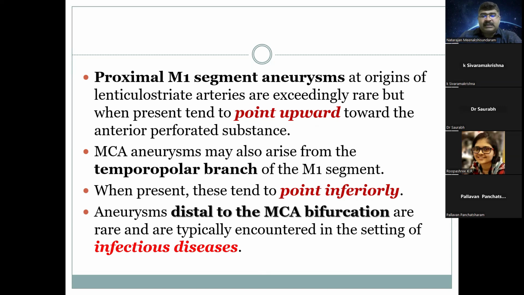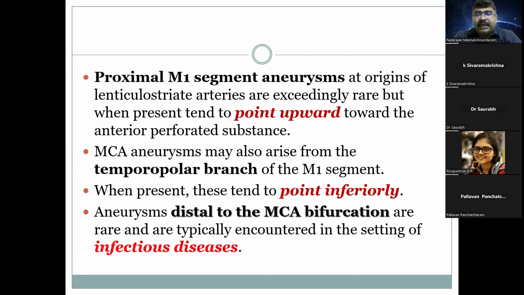If the aneurysm arises distal to the MCA bifurcation, it is quite rare, but it can occur in cases of infectious disease, which is called a mycotic aneurysm. Any aneurysm which arises distally, the commonest reason could be either infectious disease or trauma, as in case of DACA aneurysms, that is a distal ACA aneurysm.